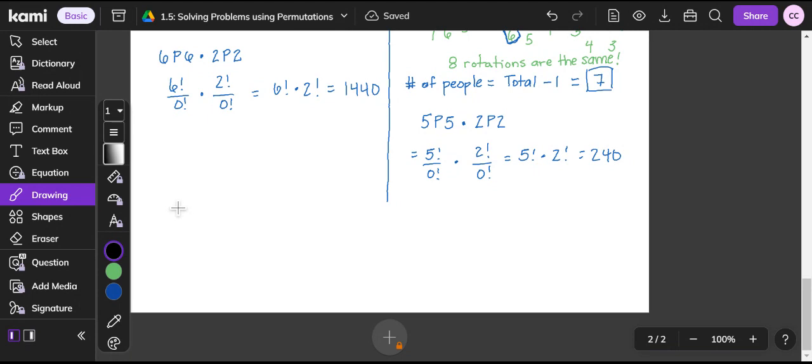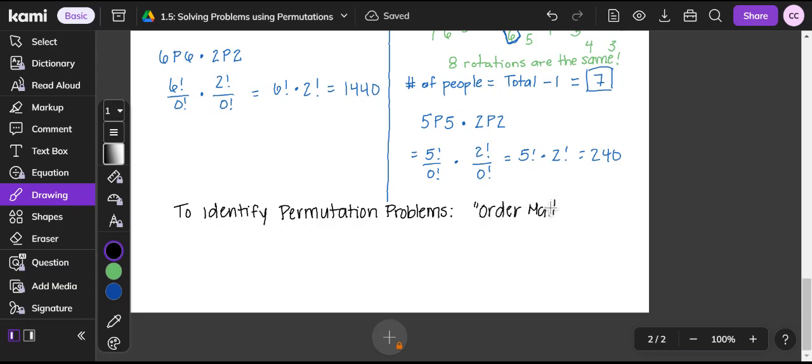So maybe at the bottom of my notes on the back, I'm just going to jot down some quick notes. So to identify permutation problems, we're looking for a couple things. Remember, order matters.